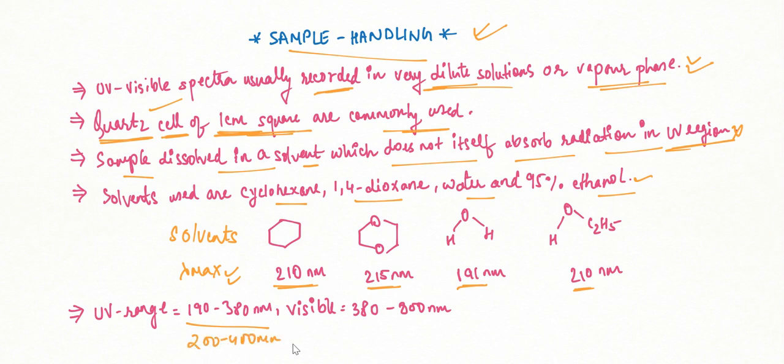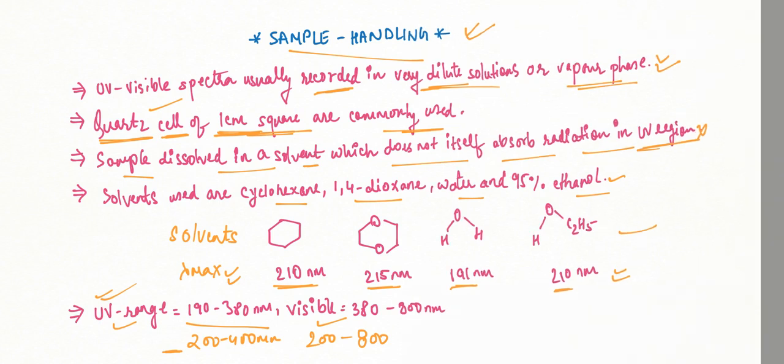It is very much closer to the ultraviolet end, and it is not going to disturb much if we want to cover our spectrum from 200 to 800 nanometer, which is the UV-visible range. So after 250 or after 220 nanometer, none of these solvents are going to disturb the UV spectrum. So they are the perfect solvents which can be used for checking the UV-visible spectrum of a salt.